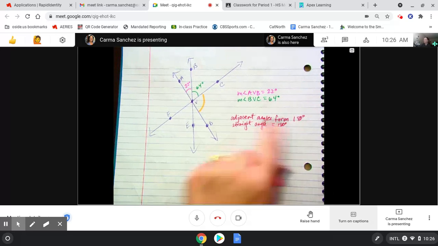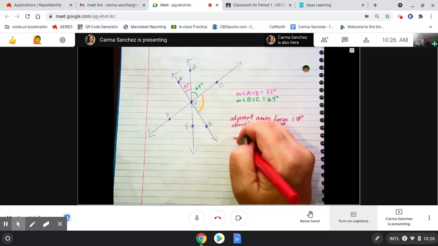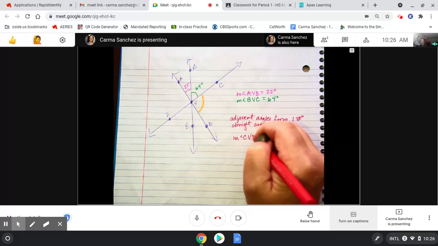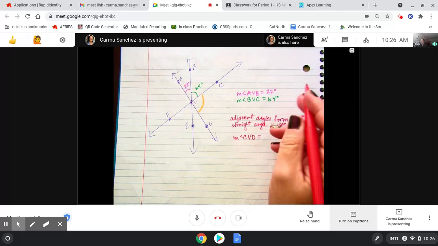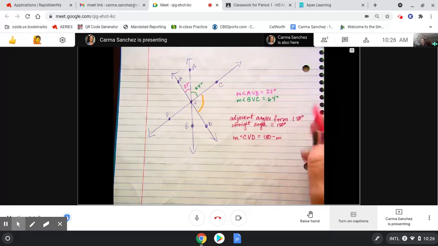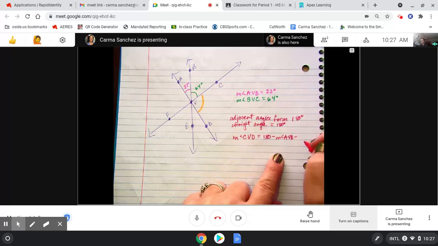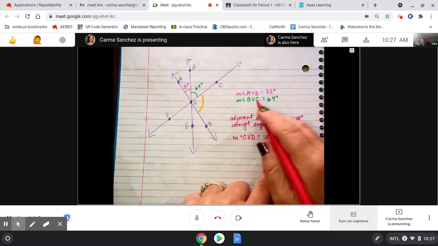Either of these two things can be written as your justification for finding that the measure of angle CVD is equal to 180 minus the measure of angle AVB and the measure of angle BVC.